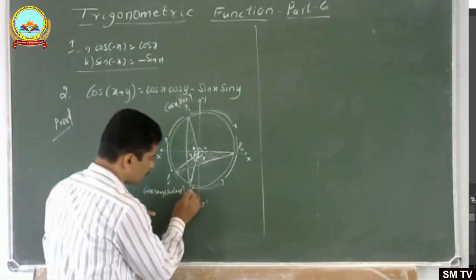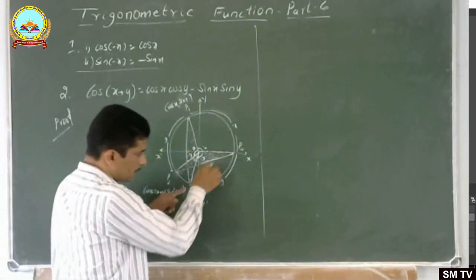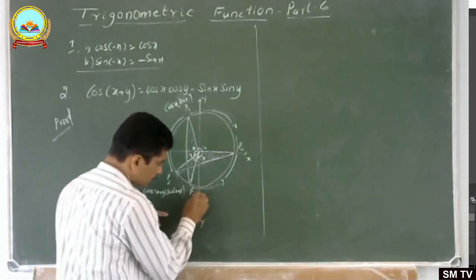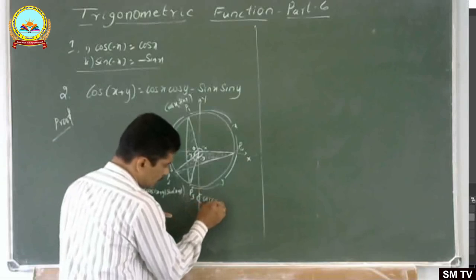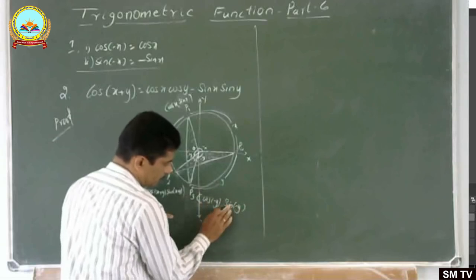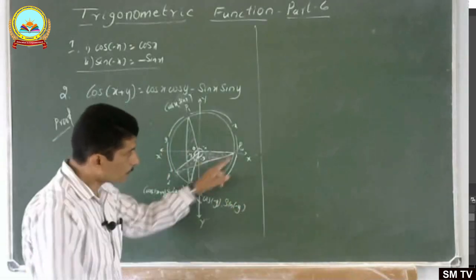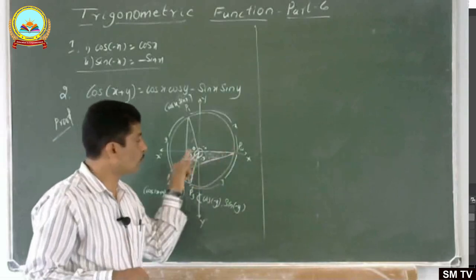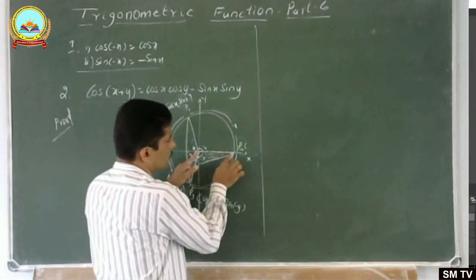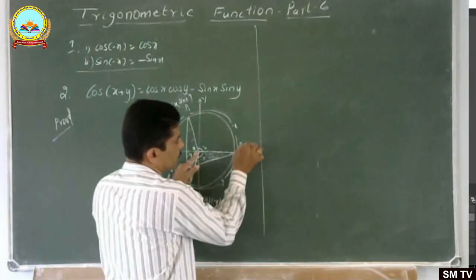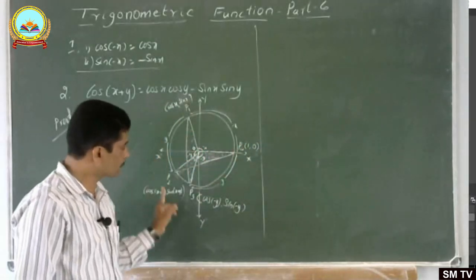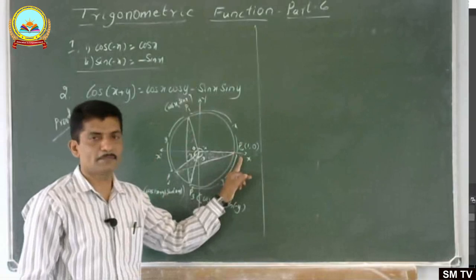The coordinate of P3, here minus y unit, is cos of minus y comma sin of minus y. The coordinate of P4 is a point on the x-axis, cos of 0 comma sin of 0, cos 0 is 1, sin 0 is 0. These are the coordinates of the points P1, P2, P3 and P4.